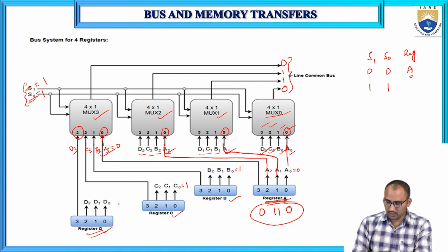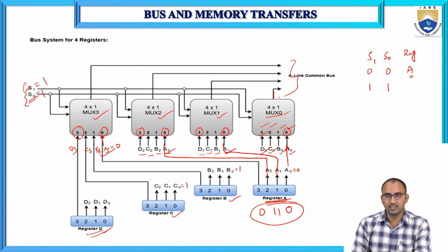For I3, of the D register, D0 is connected to I3 of mux 0, D1 is connected to I3 of multiplexer 1, D2 is connected to I3 of multiplexer 2, and D3 is connected to I3 of multiplexer 3. So that means all the bits of register D are selected to transfer the data. So after choosing the selection lines both as ones, whatever data is present will be transferred to the common bus system.